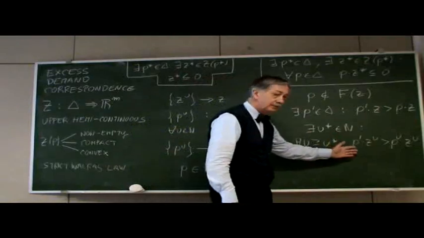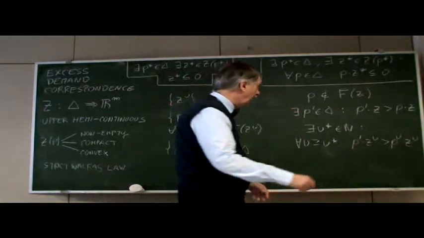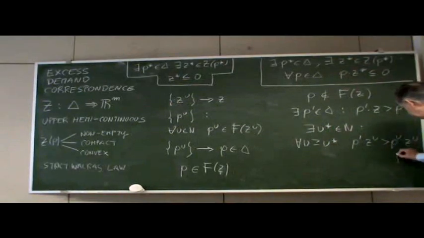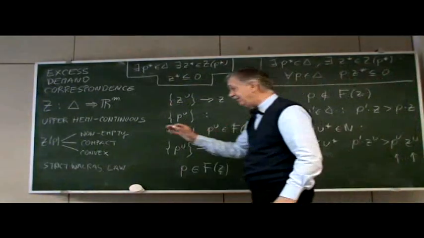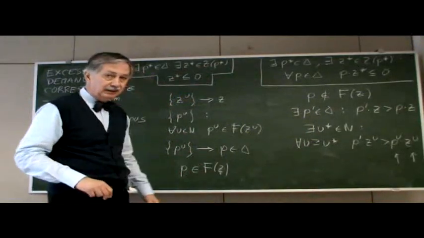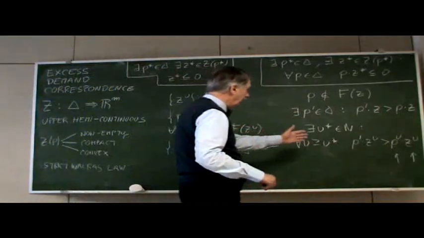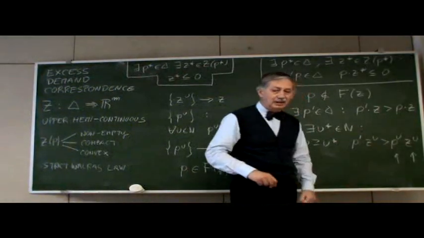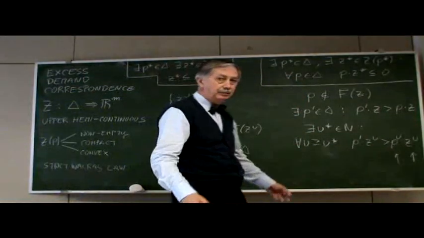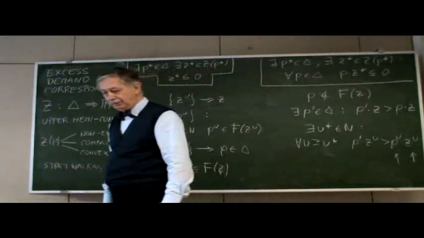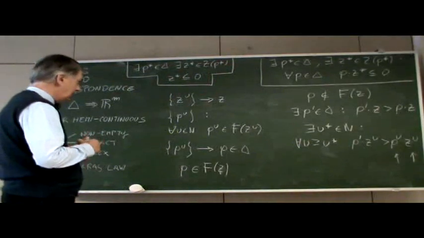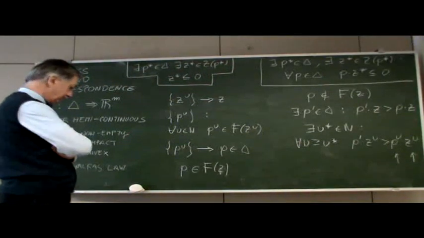But is it possible with the inequality? No, because when you are considering z_n, p_n by assumption is the price system which maximizes the value of z_n. And here you have another price system which associates with z_n a higher value. This is impossible. And so we conclude that the correspondence f is upper semicontinuous.